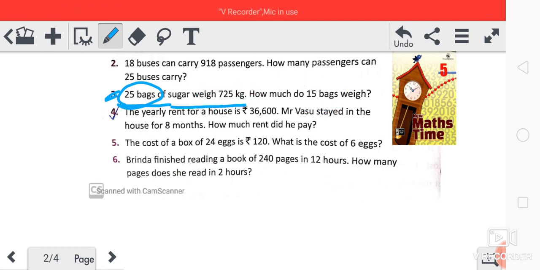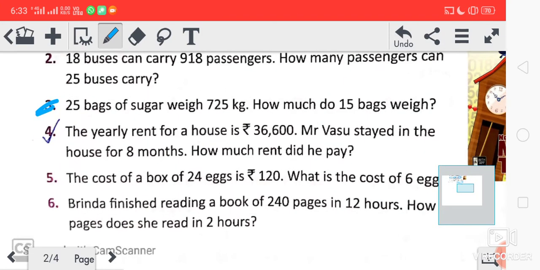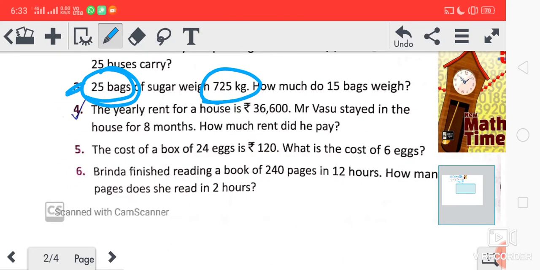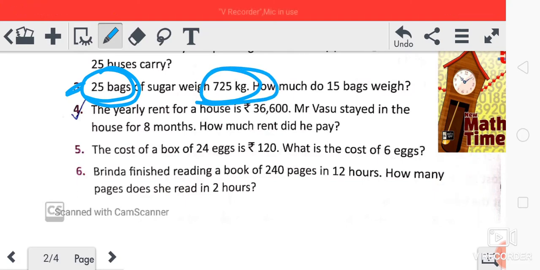Whenever you have to find the weight for one or the cost for one, what do you have to do? You have to divide the total cost or total weight by the number of bags. Okay. So how many bags are there? 25. And in total how many kg are there? 725 kg.